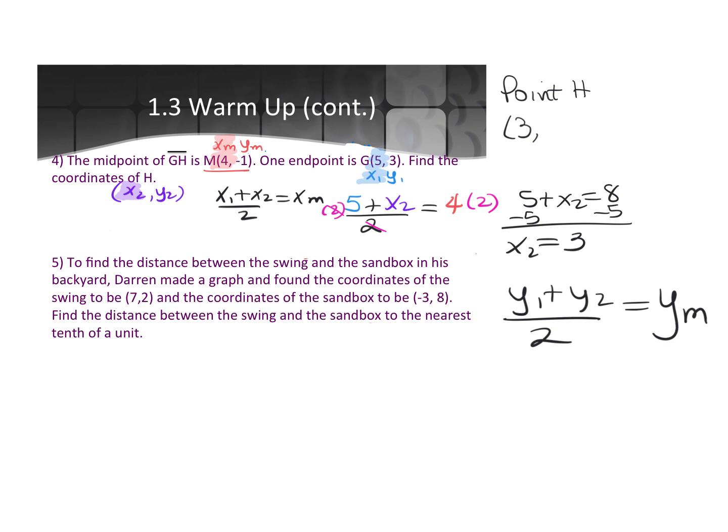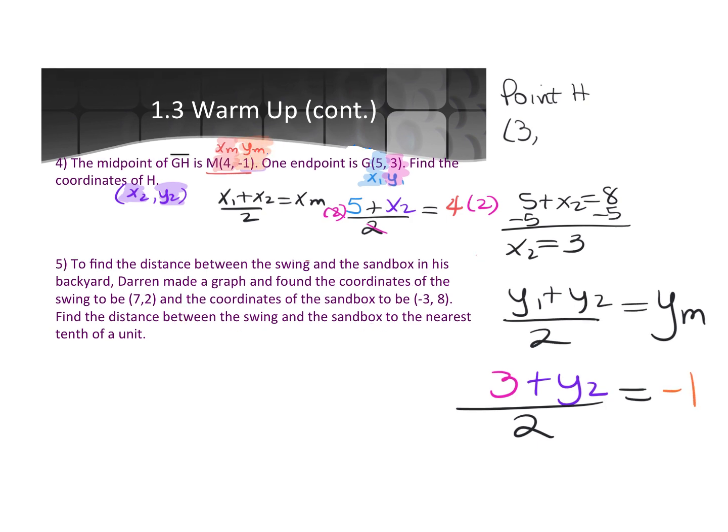So here I can go ahead and take the y1, which is going to be 3. Go ahead and put that there. I don't know y2, so I'll leave that as a variable. Divide by 2 is there. And then I'm going to grab the y of the midpoint, which is going to be -1.